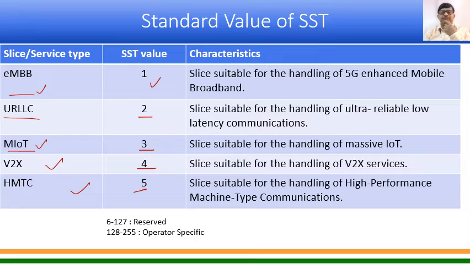HMTC is high performance machine type communications. Up to release 17, 3GPP has defined 5 types of slices. The rest of the values from 6 to 127 are reserved, and maybe in future releases they can be defined. And from 128 to 255, they can be operator specific network slices.